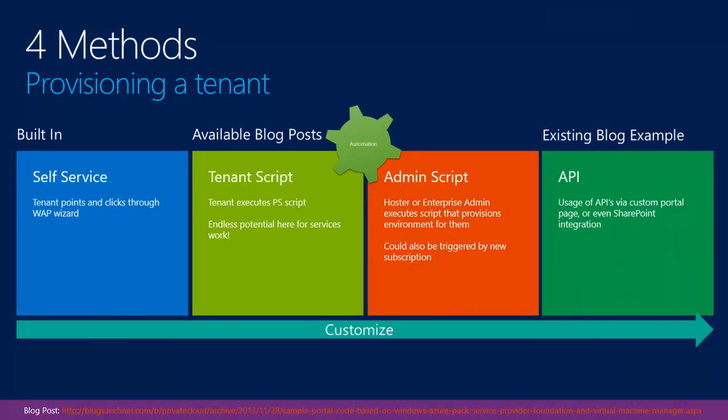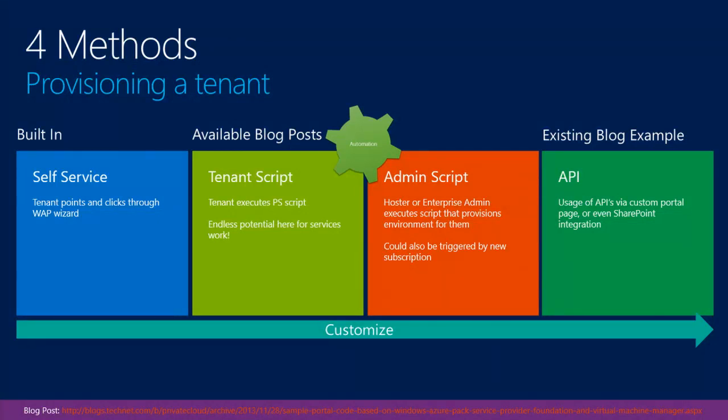And then there's the API, where you could build your own resource provider, you could build your own portal, you could kick off the SMA jobs or web service via PowerShell. It really comes down to what level of customization you want. Do you want out of the box? Stick with self-service.